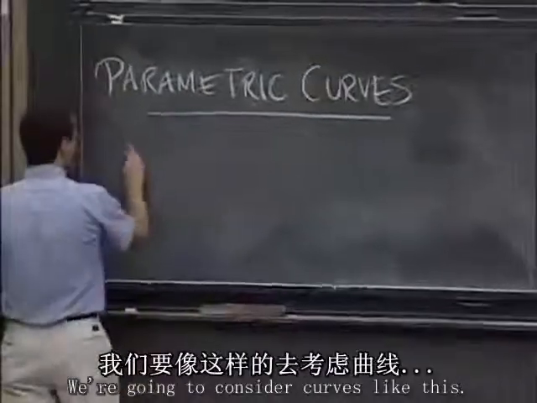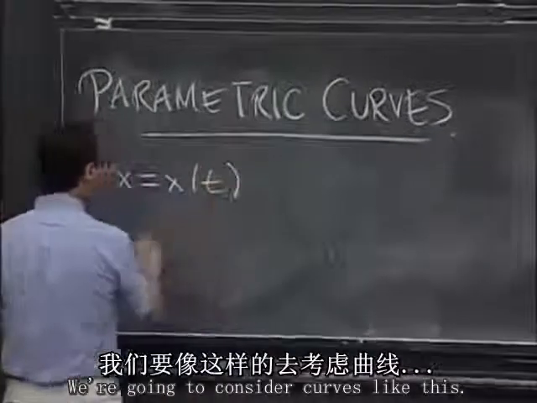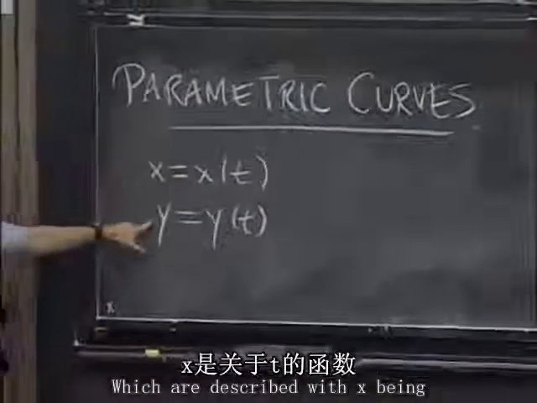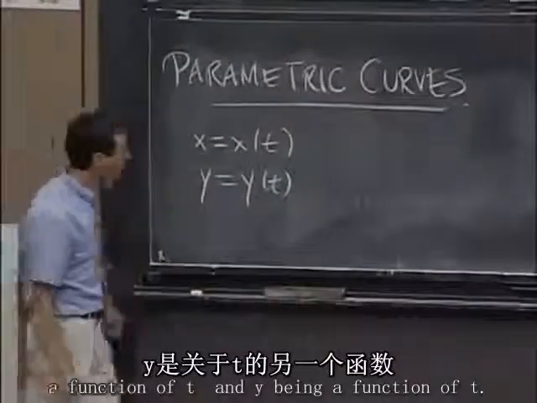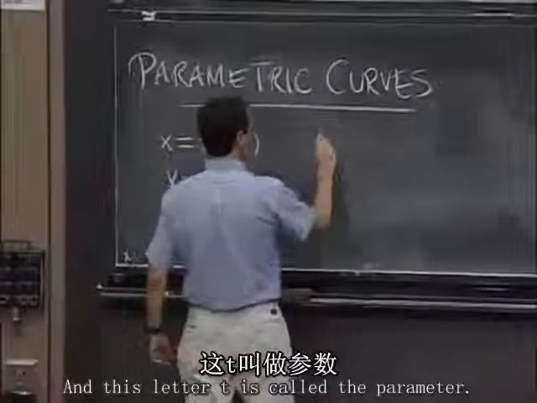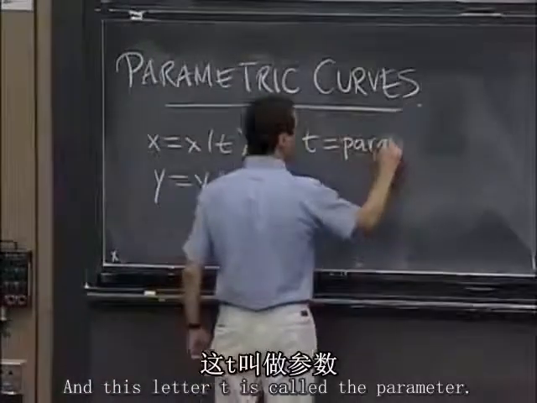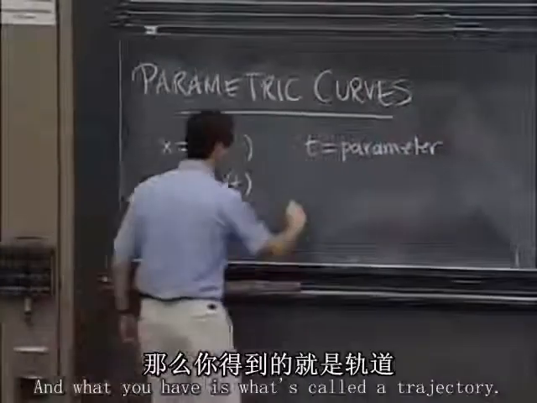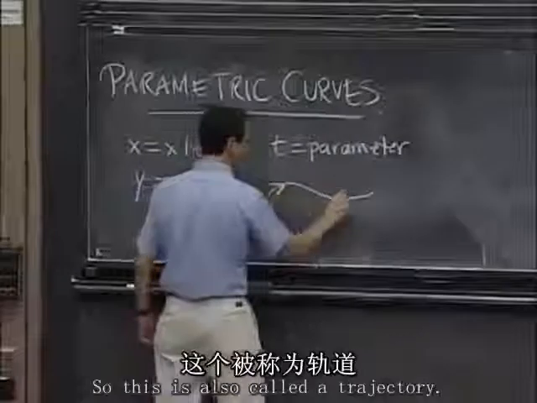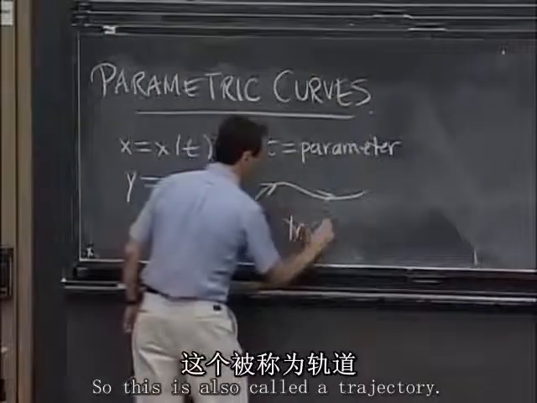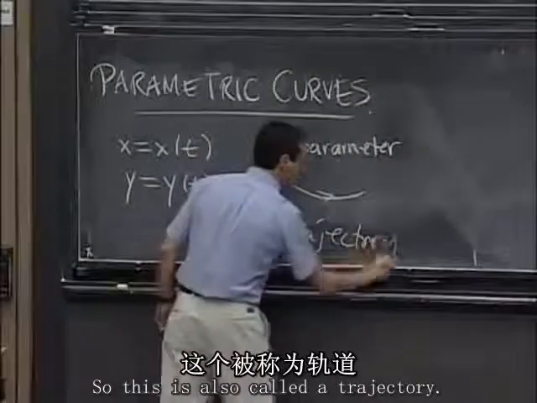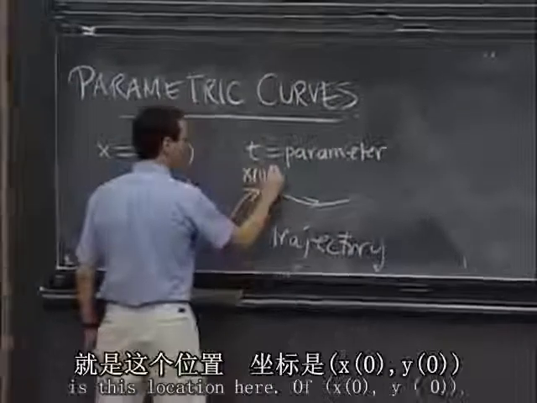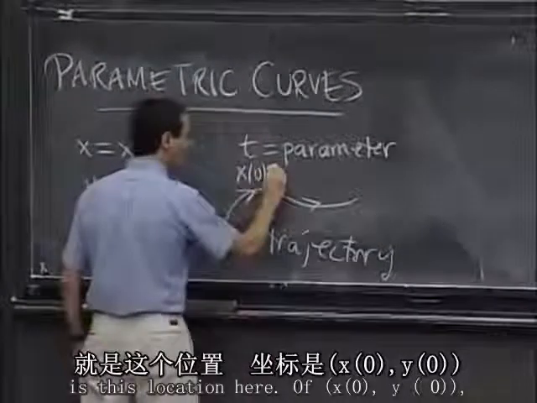We're going to consider curves like this, which are described with x being a function of t and y being a function of t. And this letter t is called the parameter. In this case, the easiest way to think of it is time. And what you have is what's called a trajectory. And its location, let's say, at time 0 is this location here, x of 0 comma y of 0.